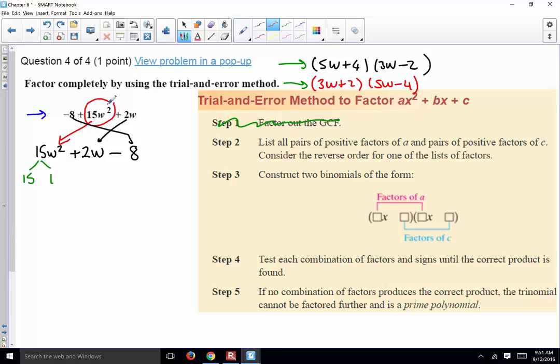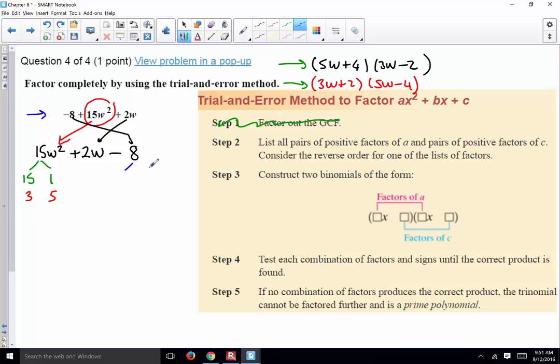But there is another pair possible here, which is 3 and 5. It can be 3 and 5 as well. Okay, this question has double the options of the previous questions because you not only consider 15 and 1 but also 3 and 5.